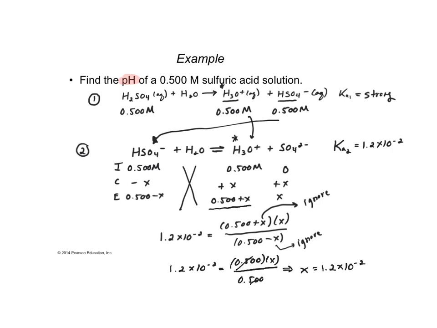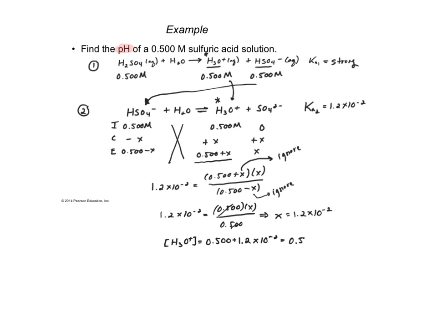To determine H3O+ at equilibrium, we will now take our 0.5 and substitute our x in, plus 1.2 times 10 to the minus 2, which gives us 0.512 molar for H3O+.